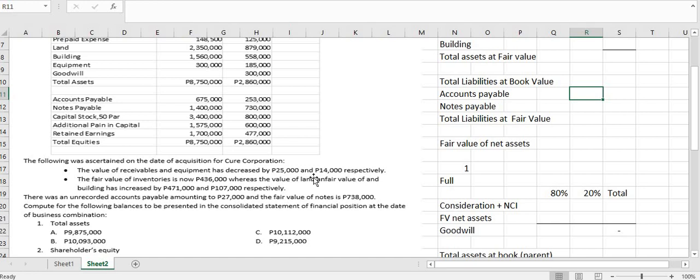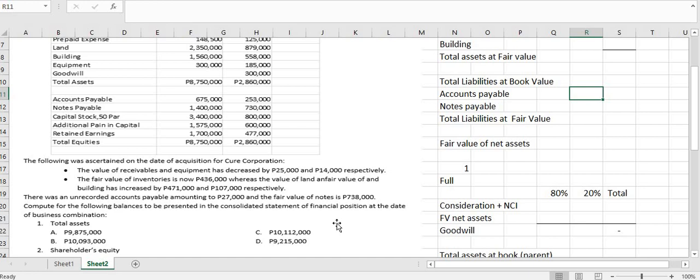Then the fair value of inventories is now 436,000, whereas the value of land and the fair value of building have increased by 471,000 and 100,000 respectively. There was an unrecorded accounts payable amounting to 27,000, and the fair value for notes is 738,000.